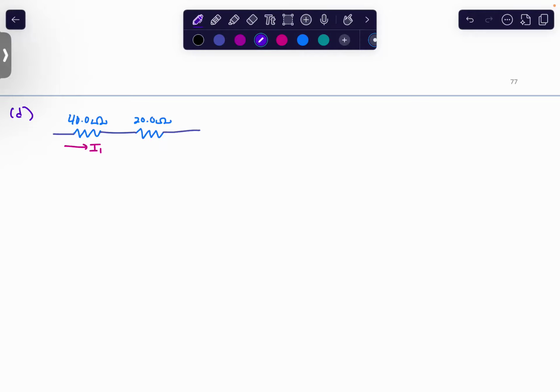There you go. So this is going to be I1 squared R40. So that's going to be 0.678 squared, and then the 40 ohms. And that is going to give you 18.4. And the unit?